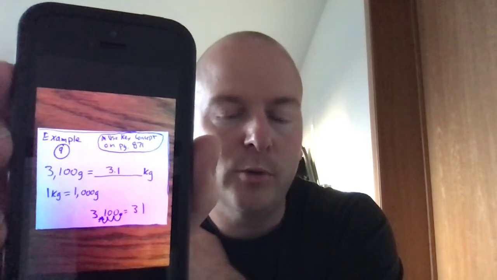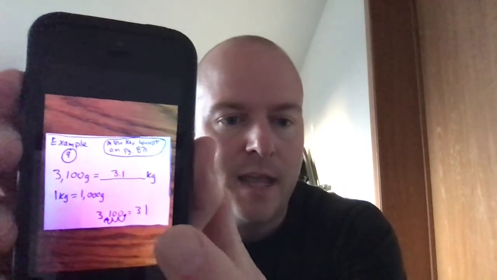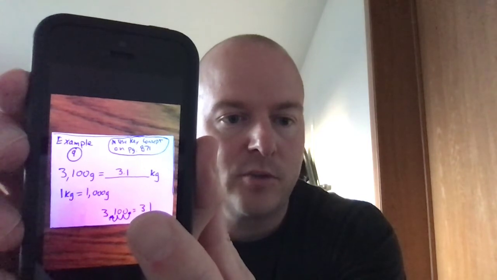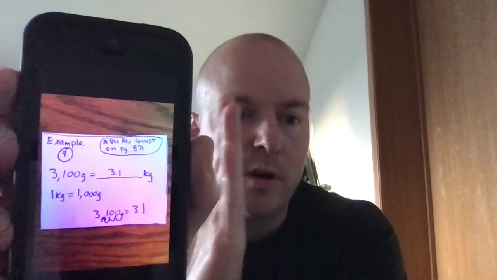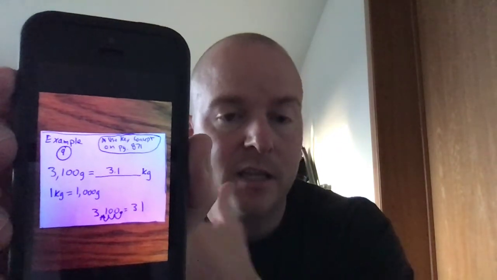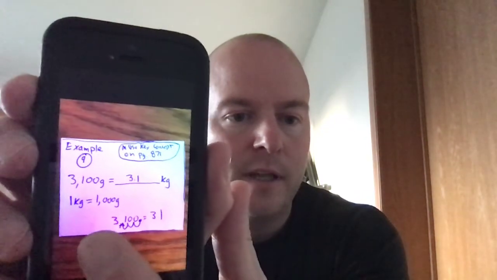3.1. It looks like I wrote 31. I did write 31, but it wants to be 3.1. It's not 31. And it actually started over here, because there's our 3,100, right? And the number is getting smaller, but they're equal because we're going from grams to kilograms, and kilograms are a larger unit of measure. So I should have drawn an arrow, but anyway, there it is.